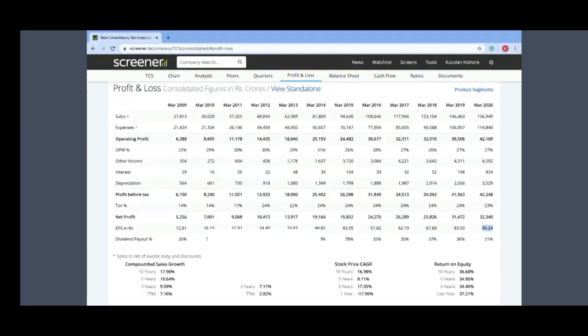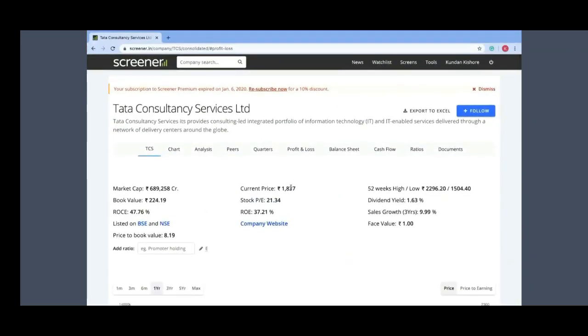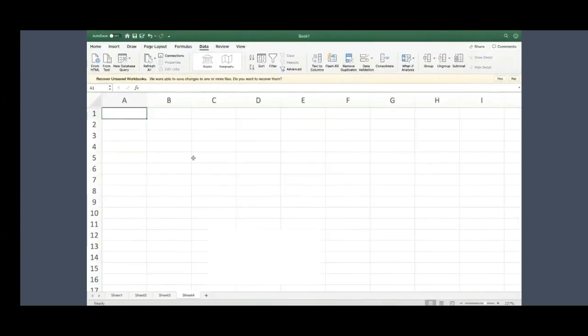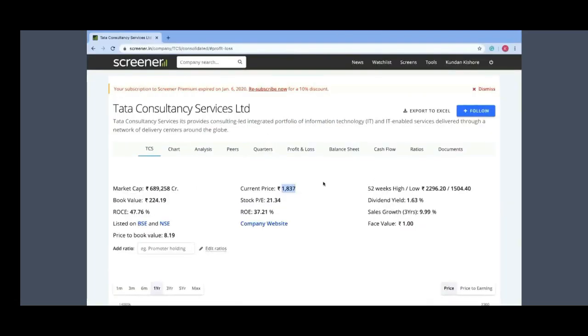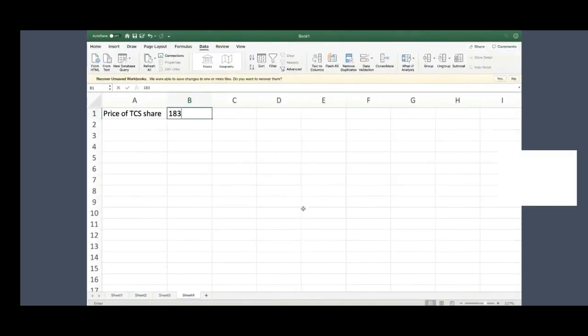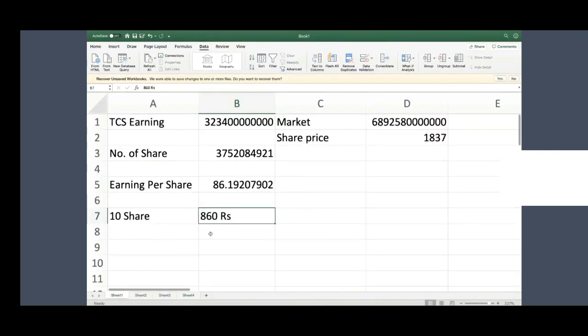Now, what is the price to earning ratio? So, you have price here, the price of 1 TCS share. Now the price of 1 TCS share is 1837, correct? Now what is the earning per share? We have calculated that. So earning per share here is 86.19.